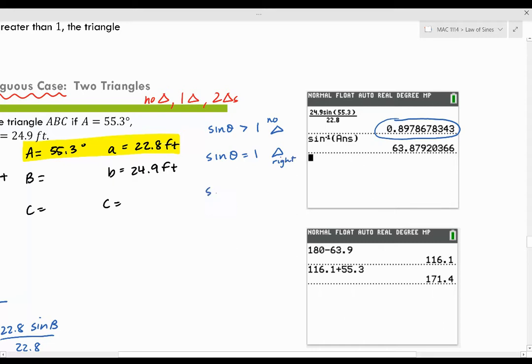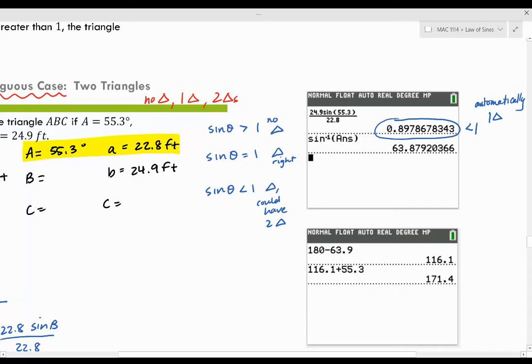And if sine theta is less than 1, I have one triangle automatically, but I could have two. My value is less than 1, so automatically I have one triangle. I could have two.